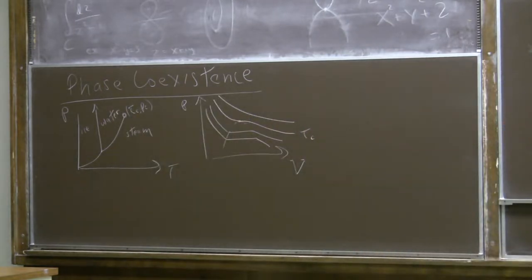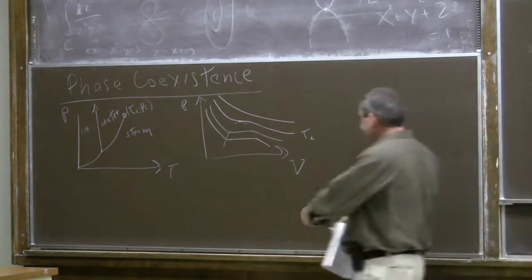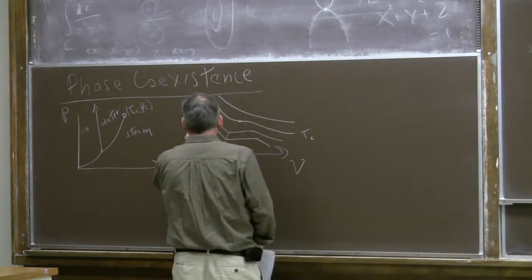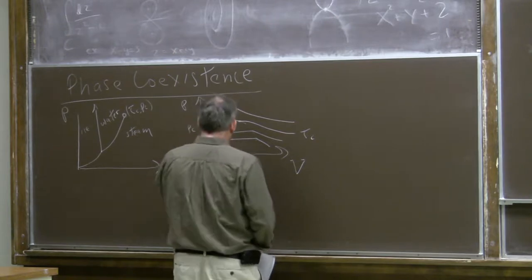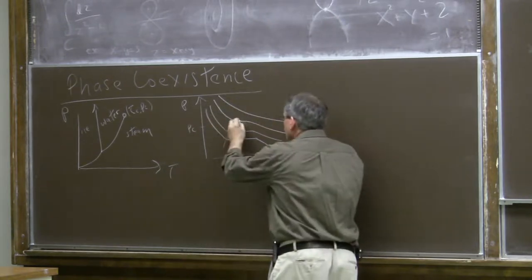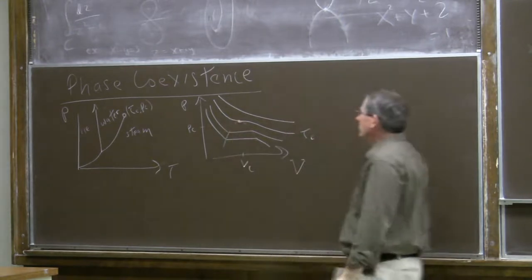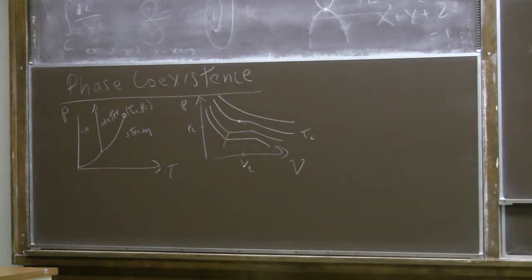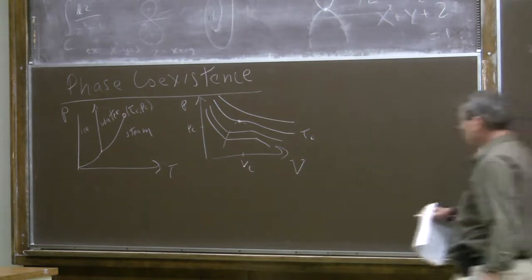One can go smoothly from one to the other. And I'll talk about the value of the pressure and the volume on this critical isotherm at this point where the phase coexistence region opens up as P sub C, P critical, and V critical.